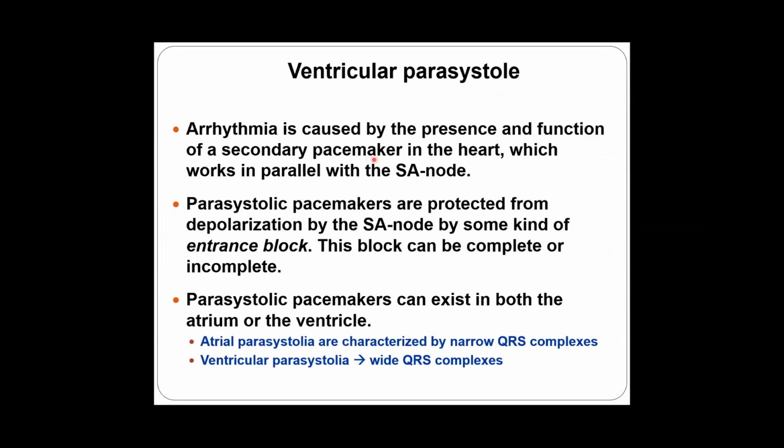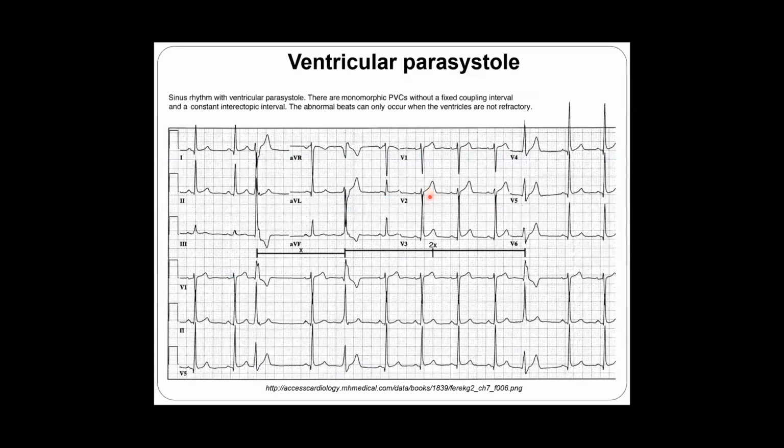Parasystolia, well, it's common, but you won't have it during the exam. It means that we have a parasystolic center inside the ventricle that is firing at its own rate. And this kind of impulse formation in the ventricle is insulated from the rest of the ventricle. So relatively, other charges cannot discharge this area.